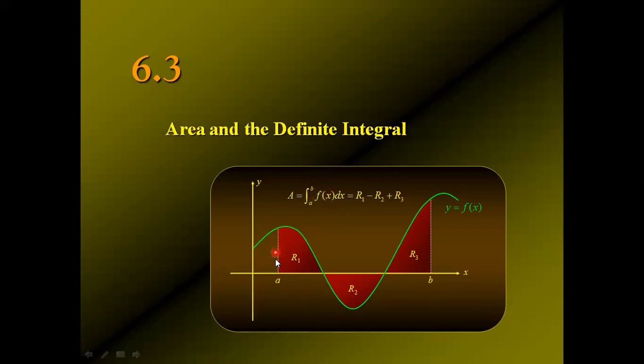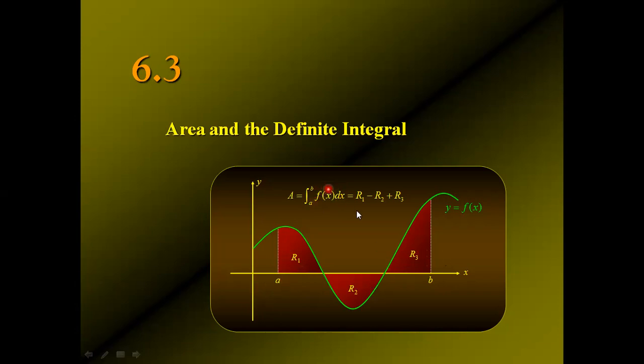We have to find the area of f of x into dx. dx means a very small length along the x-axis, and f of x means the length on the y-axis. So this indicates the area bounded by the region a to b. For finding these small areas, the sum of these three areas makes the total area.